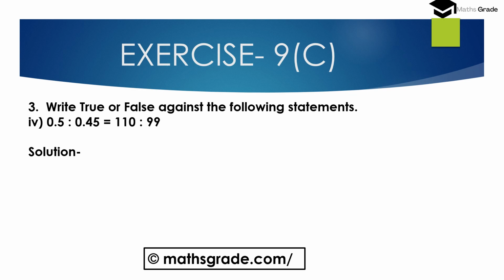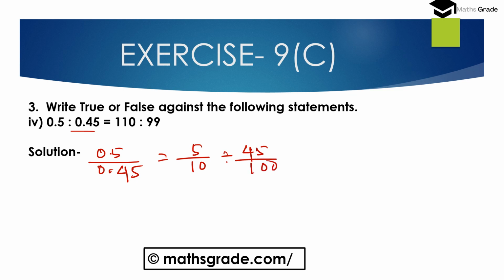Now fourth bit, 0.5 is to 0.45 is equal to 110 is to 99. We have to check this is true or false. 0.5 is to 0.45, that is 0.5 divided by 0.45. And 0.5 is 5 divided by 10 and 0.45 is 45 divided by 100.